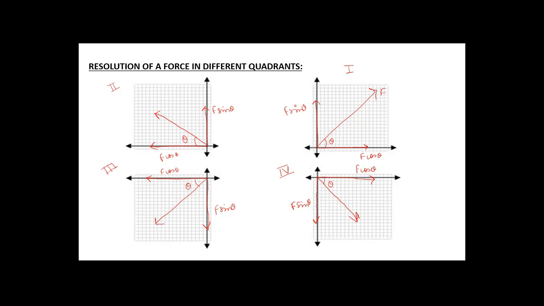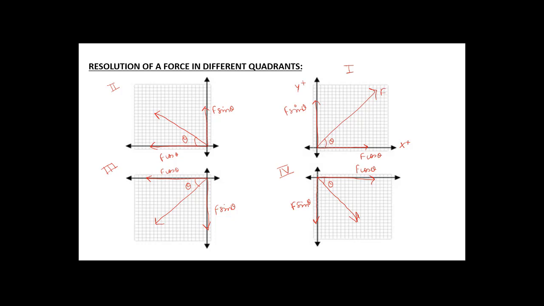So you can see that when a force is acting in different quadrants, the components of the force act according to the quadrant. In the first quadrant, if this is the theta, F cos theta is in the positive x direction and F sin theta is in the positive y direction.